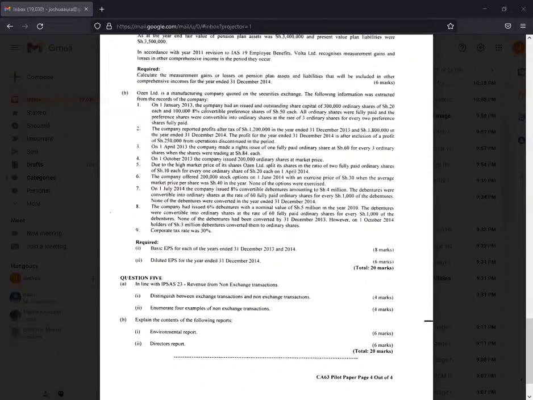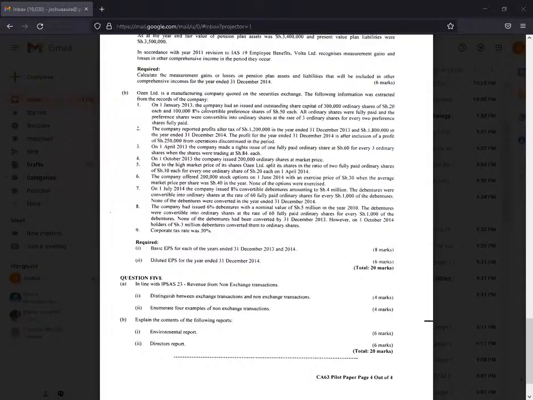All ordinary shares were fully paid, and the preference shares were convertible into ordinary shares at the rate of 3 ordinary shares for every 2 preference shares fully paid. Easy things. Not true. The company reported profits after tax of 1.2 million in the year ended 31st December 2013 and 1.8 million in the year ended 31st December 2014.